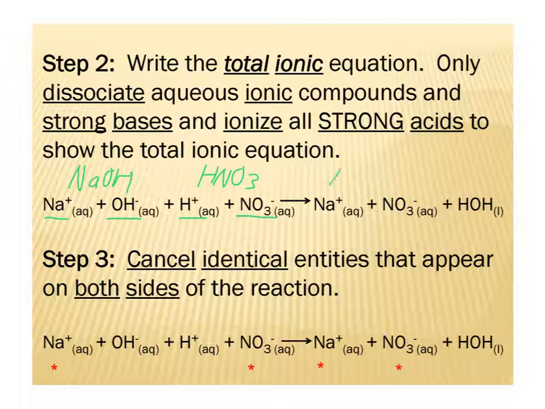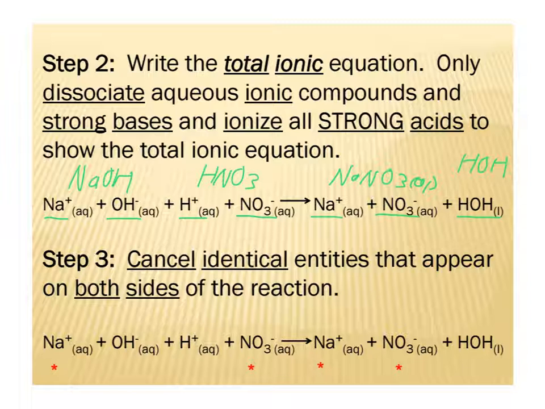On the product side, we had NaNO3, and because it's soluble, so we should put in AQ, it will ionize 100% to sodium ions and nitrate ions. And the last product we had was water, HOH or H2O, and water, being a molecular compound, will not ionize, so we keep water as HOH in our total ionic equation.